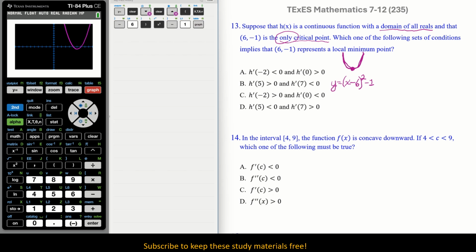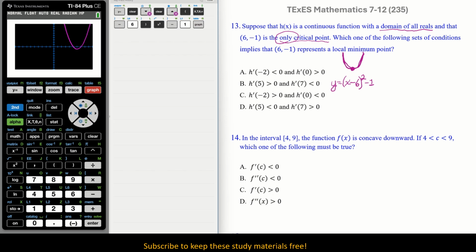Now, we want to know at these values in our ABCD options, what do they look like and what do they give us? That's simple. It's telling us that we need to ask our calculator about the first derivative. We know how to do that.